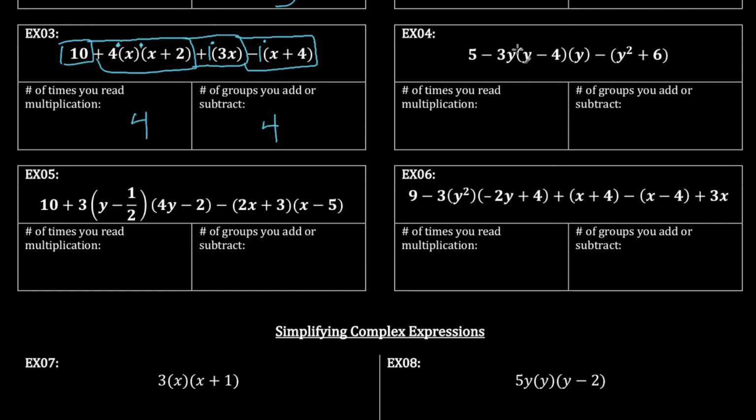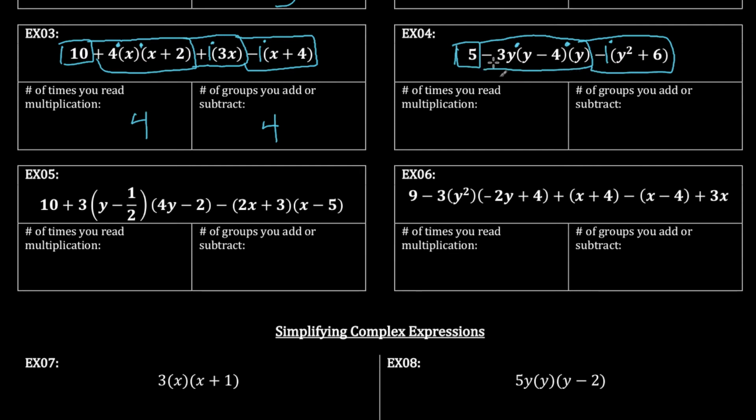So 5 minus 3y times y minus 4 times y minus 1 times y squared plus 6. So we start off with 5. And we take away 3y times all of this. And then we take away 1 times y squared plus 6. So once again, these groups are groups where we add and subtract.